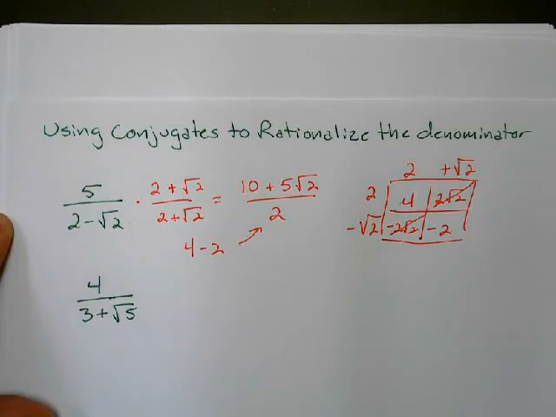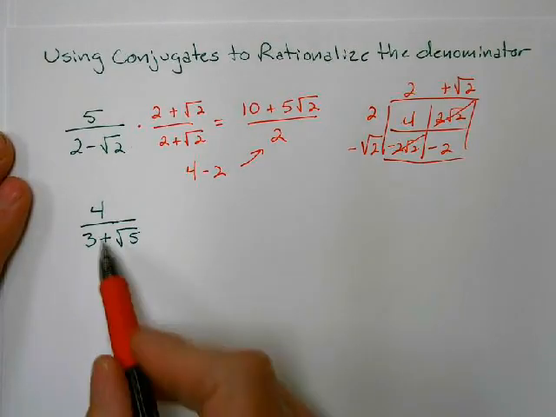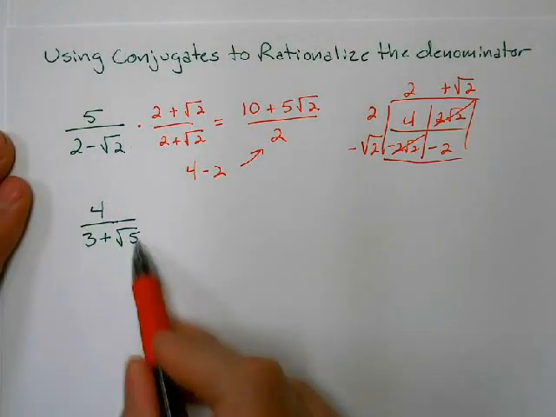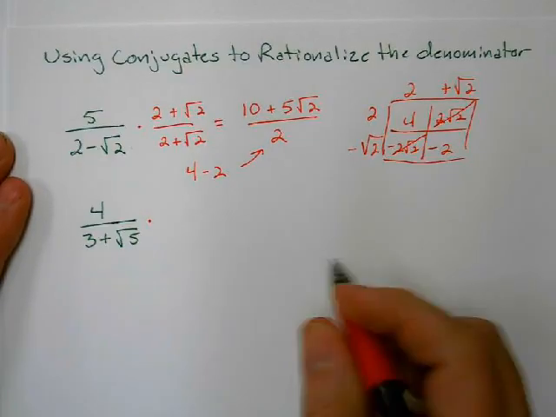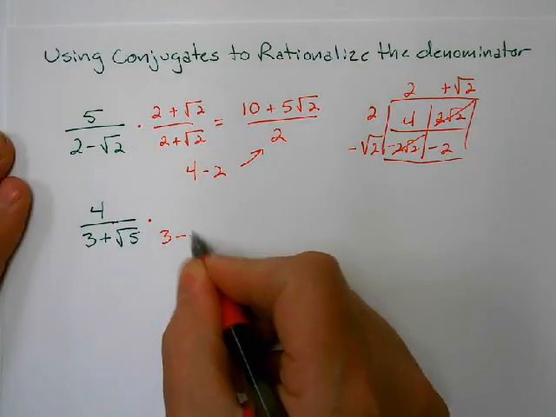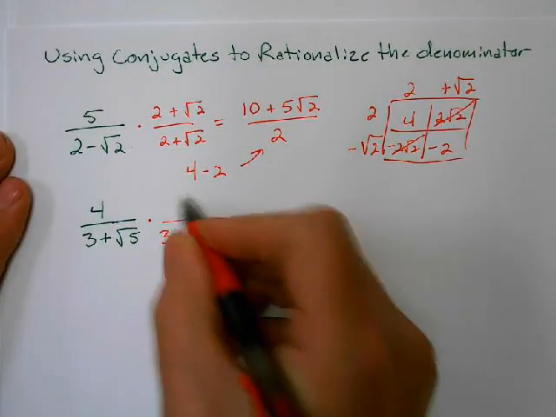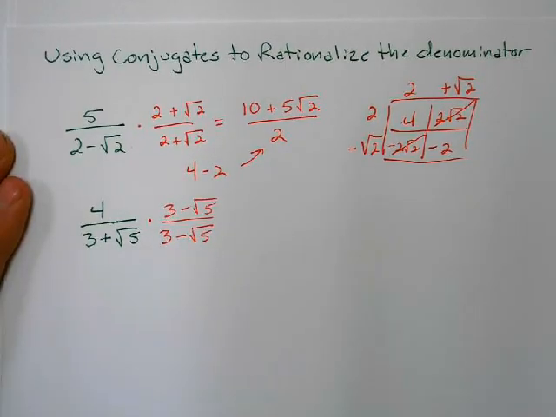Last one. So this one, I've got a binomial down here, so I'm going to have to multiply by the conjugate to get that radical out of the denominator. So the conjugate would be 3 minus root 5. I multiply the numerator and the denominator by the same number because I'm just multiplying by 1, which is okay in math.